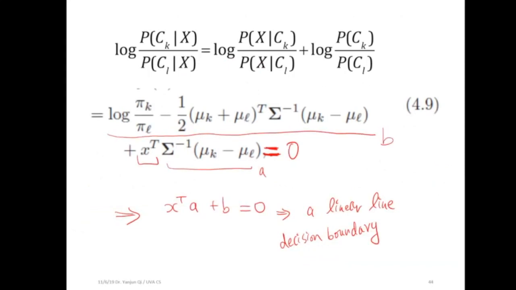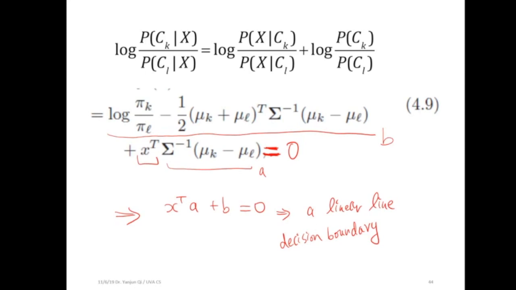And this is what you get if you have LDA. The log density ratio has this format, and I'm setting it to be 0, because log density equal to 0 gives the decision points. All the decision points of my LDA follow this formulation.